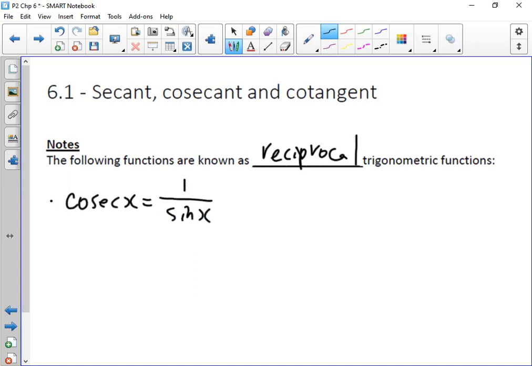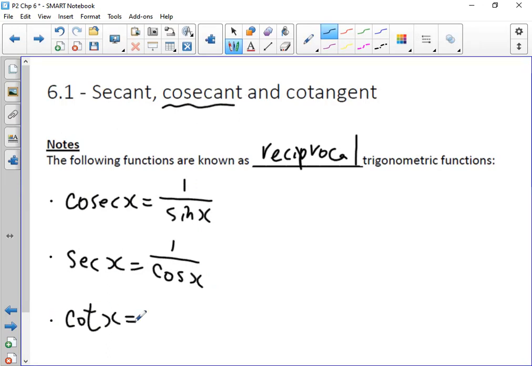The long word is called cosecant, but we normally just say cosec x. Next one is sec x or secant. Sec x equals 1 over cos x. And you can guess what cotangent is. We call it cot. Cot x equals 1 over tan x.